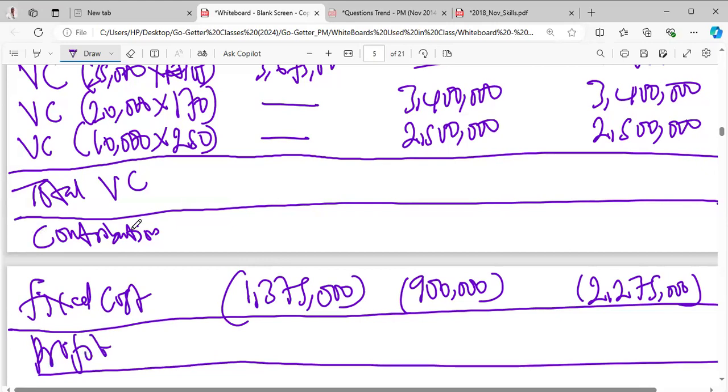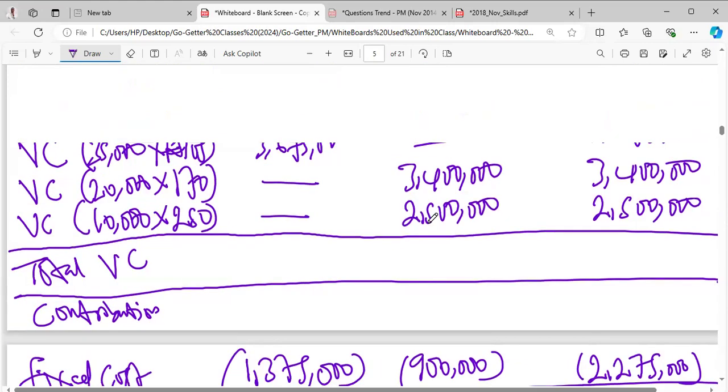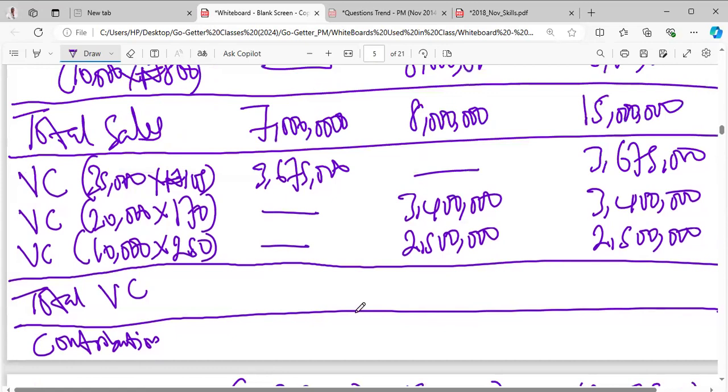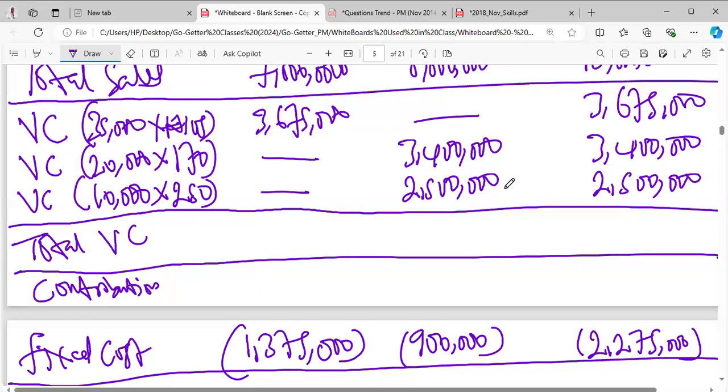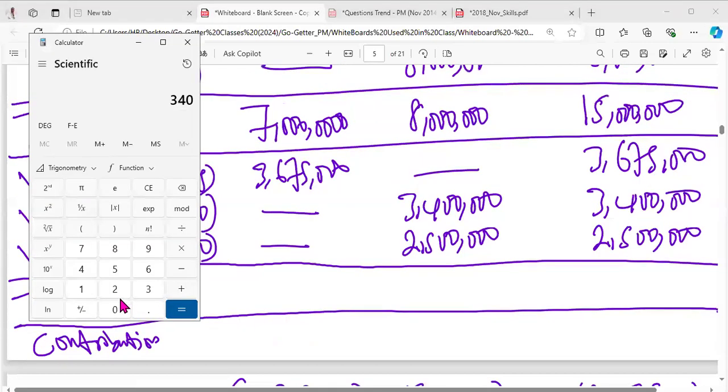Right. So I will take them one by one. Let me do the middle one first, which I know will not change. 3,400 plus 2,500. That will give me 5,900.